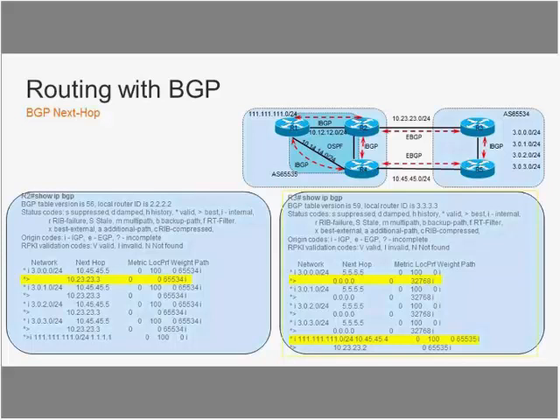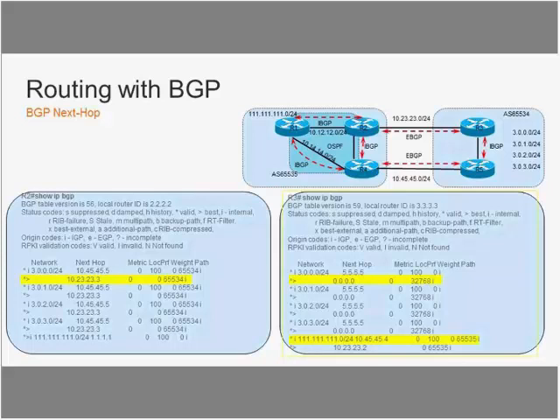Well, I have put a reference slide which tells you about how the best path selection happens, because that will really help you understand why a particular route is being selected as the best and installed in the routing table. Only the best routes are installed in the routing table. Not all routes are installed in the routing table. So you may have 10 different routes, but only 3 of them are selected as best. Only 3 of those routes will be installed in the routing table, not all of them.